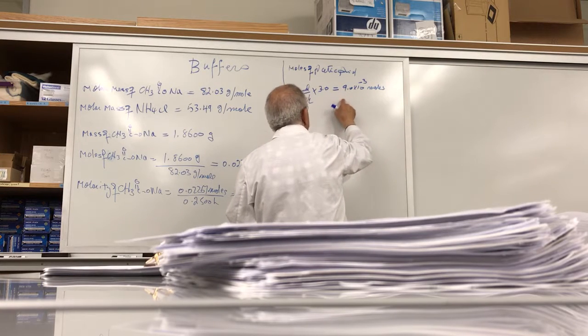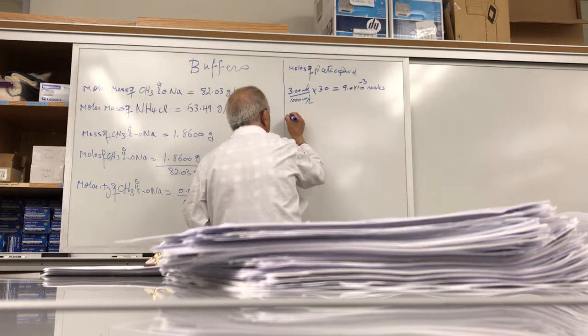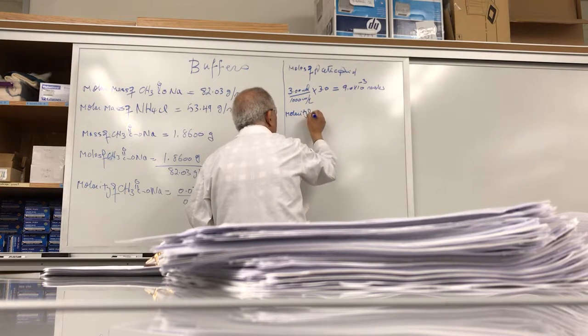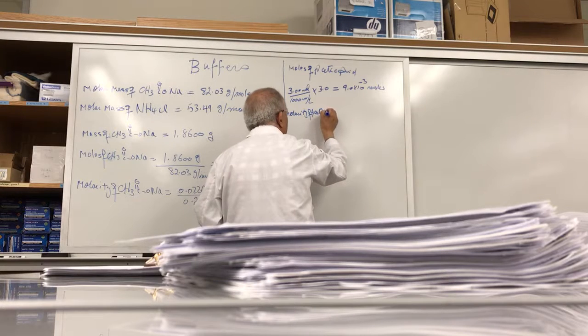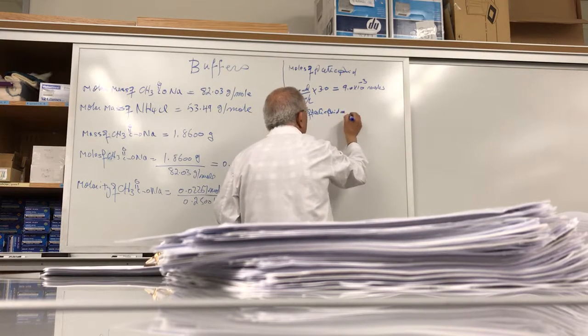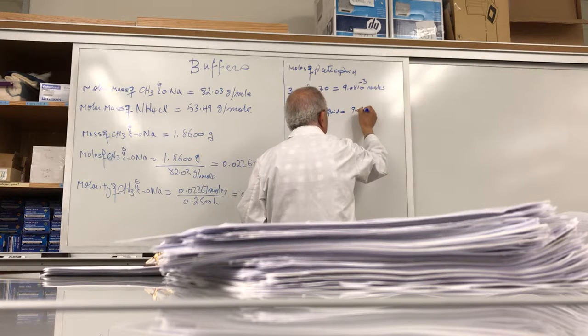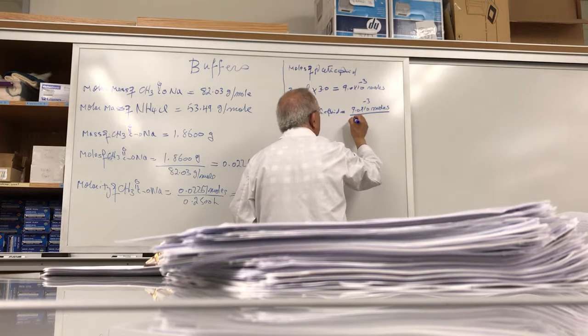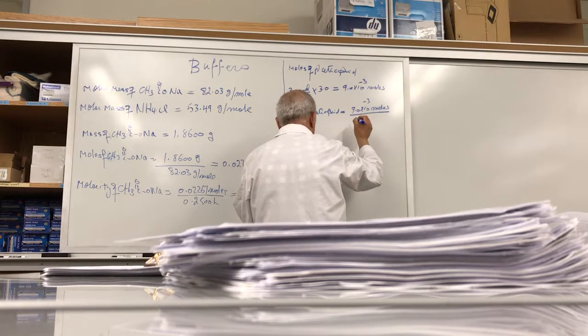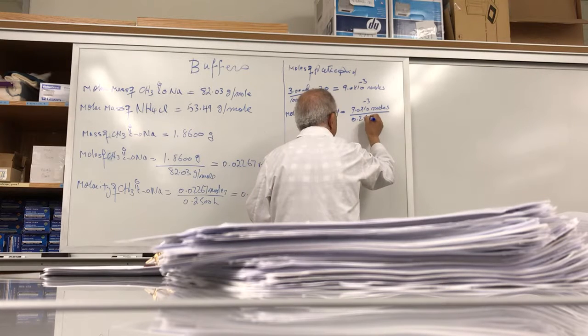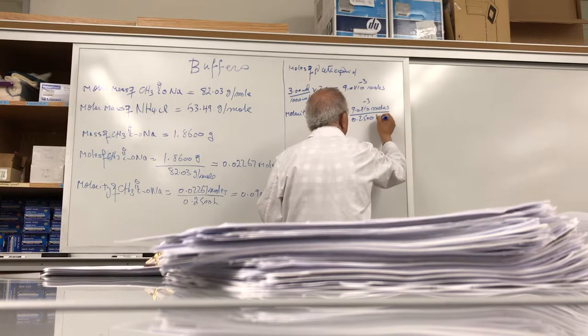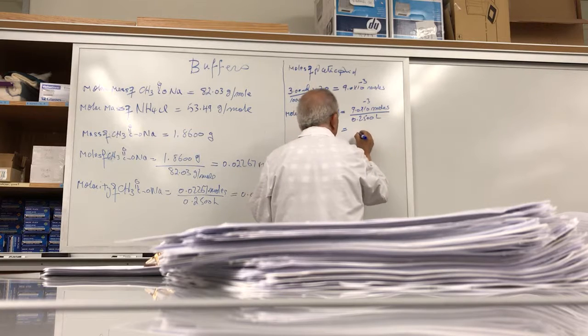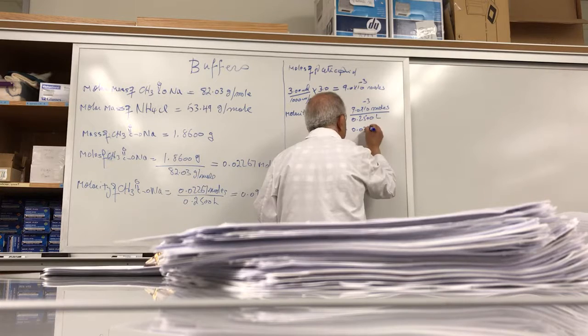You need to convert this to molarity. The molarity of acetic acid will be moles over volume: 9.0 times 10 to the minus 3 moles over 0.2500 liter, and that will equal 0.036 molar.